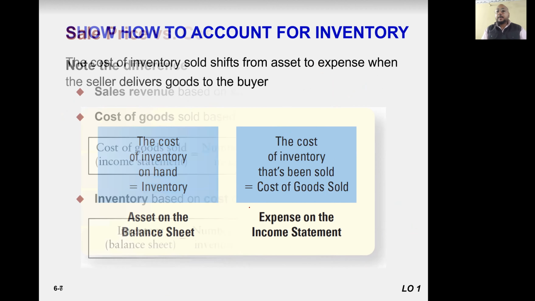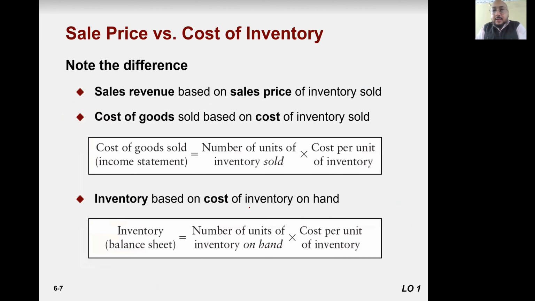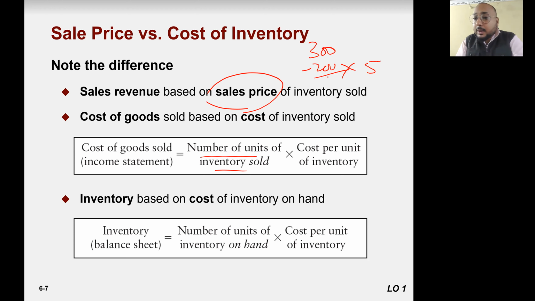All right. Now, sale price versus cost of inventory. We just discussed that. So sale revenue is based on sale price, so the number of units sold, not the number of inventory in the stock. Like in the previous example, we have inventory 300 and 200 will be sold. So revenue is going to be sold items multiplied by its sale price.